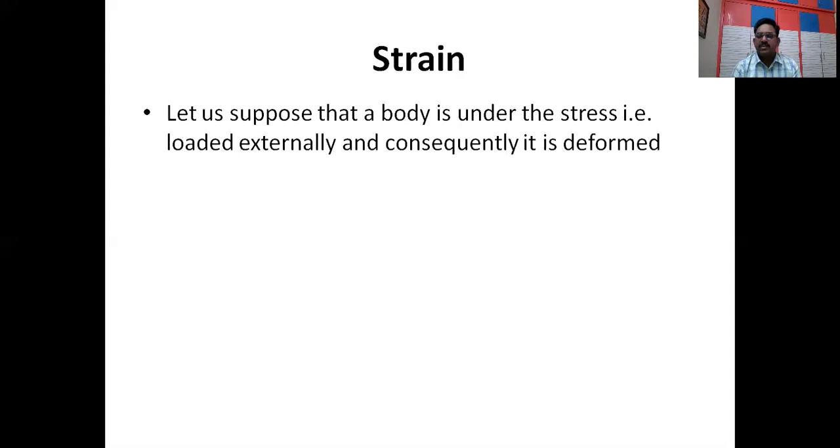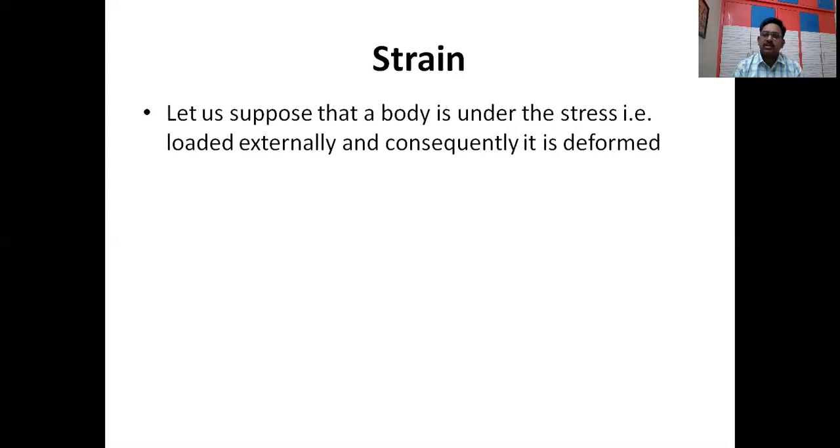As we have learned, when a load is applied, there will be a resistive force that tries to regain its shape, and that resistive force is equal and opposite in direction to the applied load. That force divided by the cross-sectional area is the stress. Therefore, when a load is applied on a body, it will be under stress.